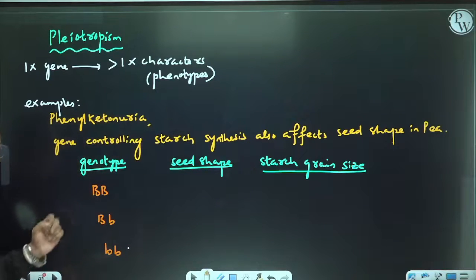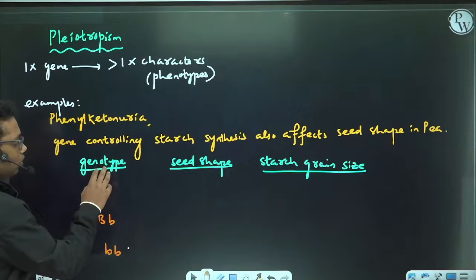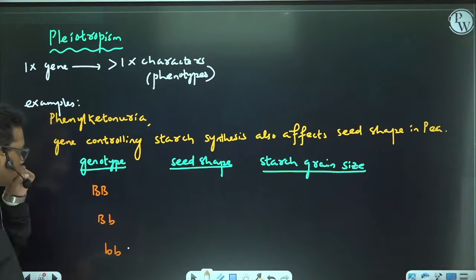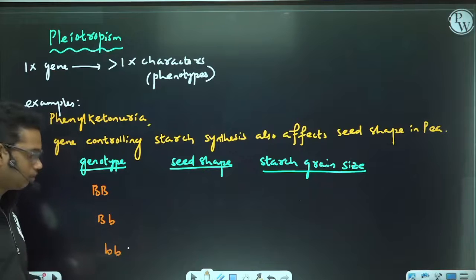Okay, and that gene is B. It has two alleles, capital B and small b. So in case of pea plant, the genotype can be capital B capital B, or capital B small b, or small b small b. In this case, capital B is responsible for round seed and small b is responsible for wrinkled seed.